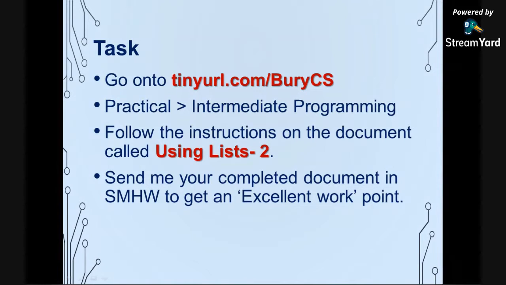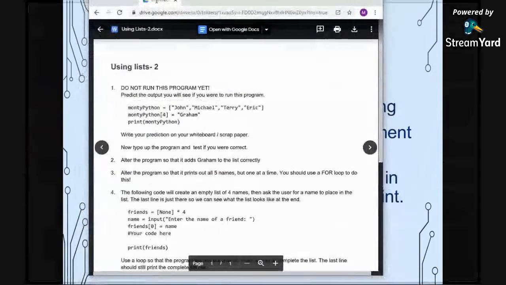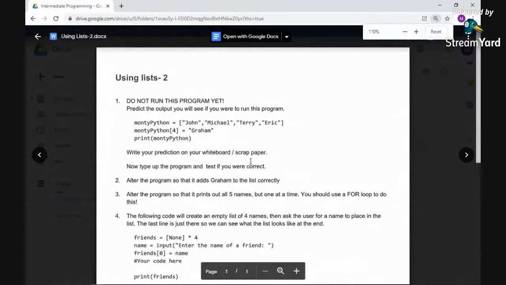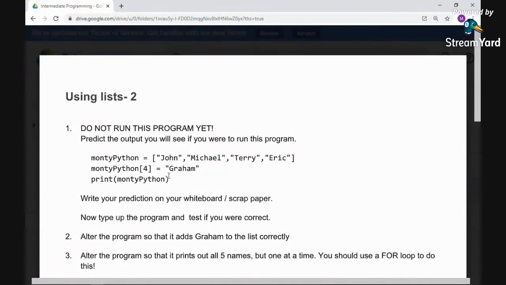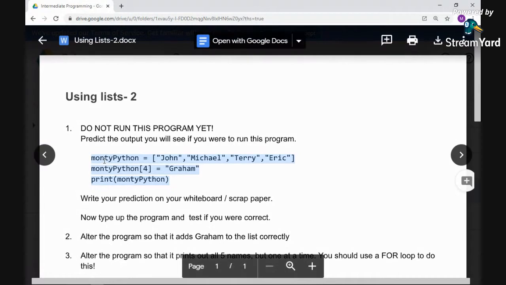Okay, guys, so let me know in the chats how far you've gotten so far. This is what we should be looking at. So predicting your code to figure out what you would see if you were to run this program without copying it in.